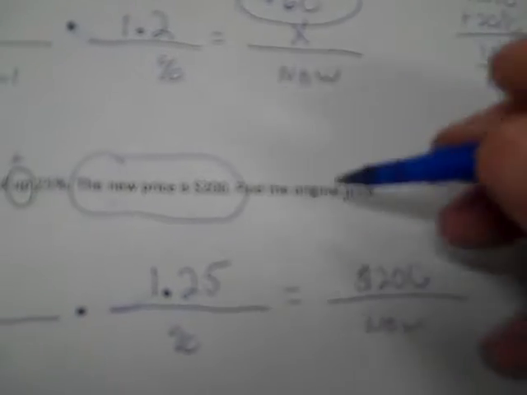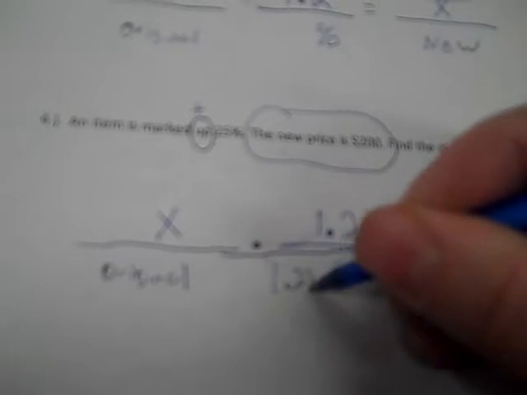What does the sentence with $200 say? The new price is $200. Clearly that's the new price, so 200 goes here. Now I have to find the original myself, so that's X. Here's your multiplication, but you have X there, so you need to divide.